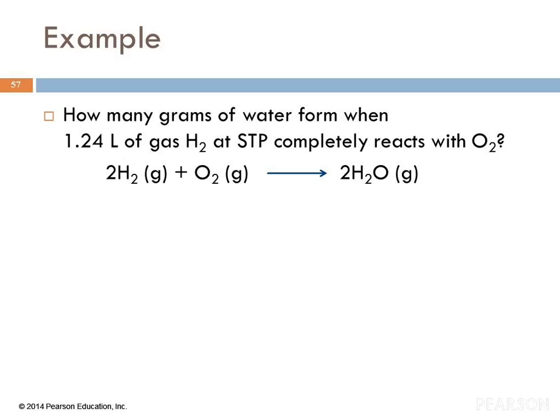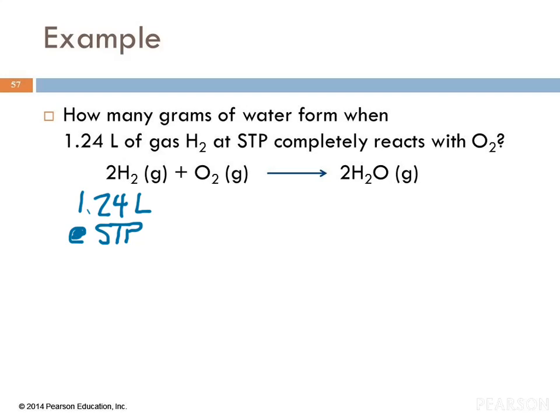So what we have here is 1.24 liters of hydrogen gas at STP. What does at STP tell us? It tells us the temperature and pressure, and it tells us that we can use the molar volume of a gas. So we can use 1 mole equals 22.4 liters.